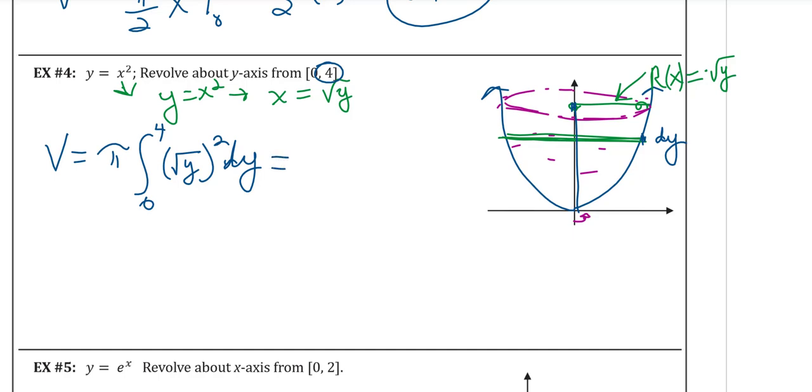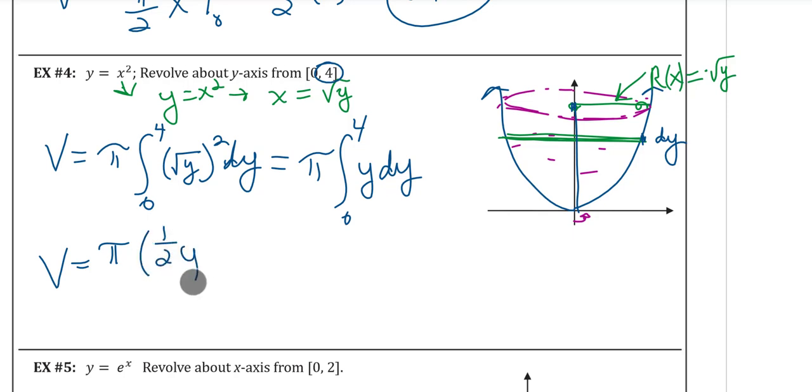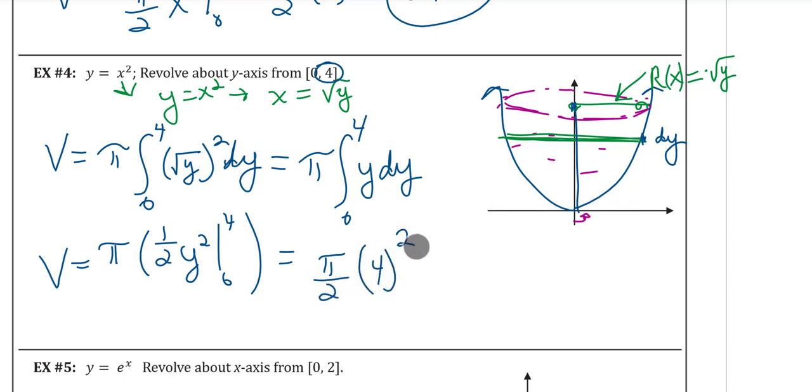So that's going to give us pi times the integral from 0 to 4 of y dy. So V is going to equal pi times 1/2 y squared, evaluated between 0 and 4. Simplifying this, we get pi over 2 times 4 squared. So we get 8 pi.